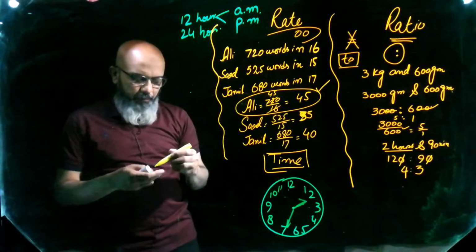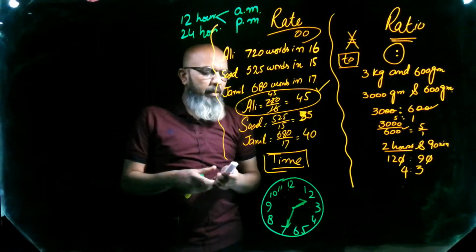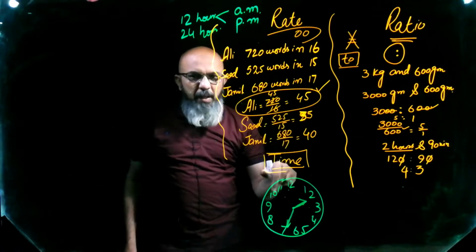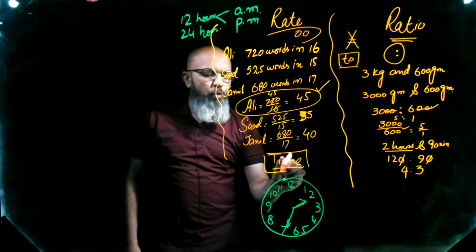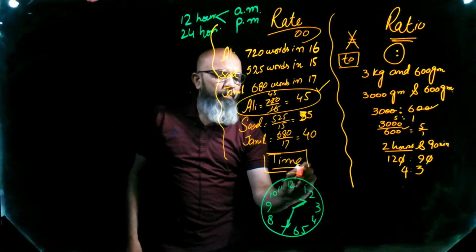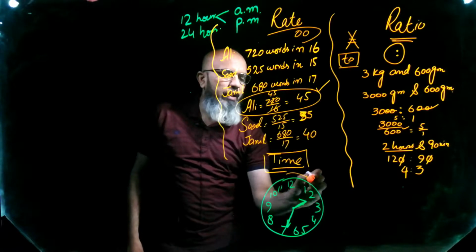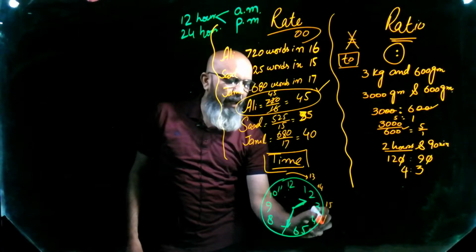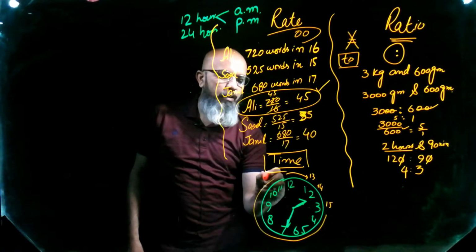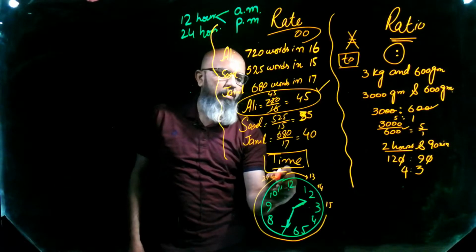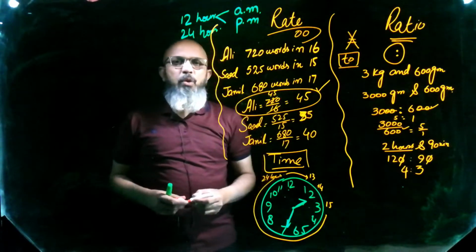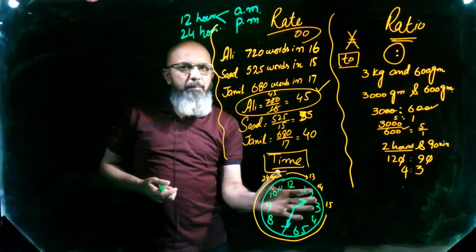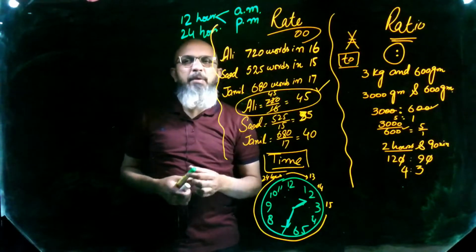Now AM timing is from 12 midnight till 12 noon. After 12 noon comes 13, then 14, then 15, and at the end it completes the 24-hour clock, right? So how can you convert AM timings into PM timings and PM timings into AM timings?